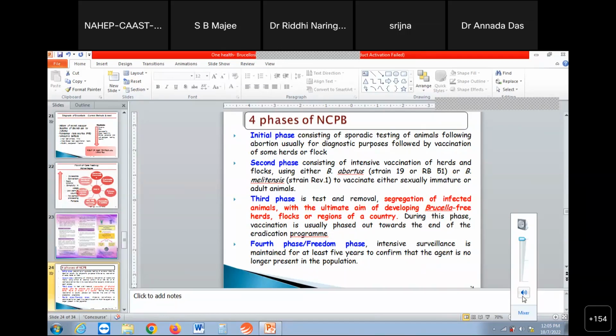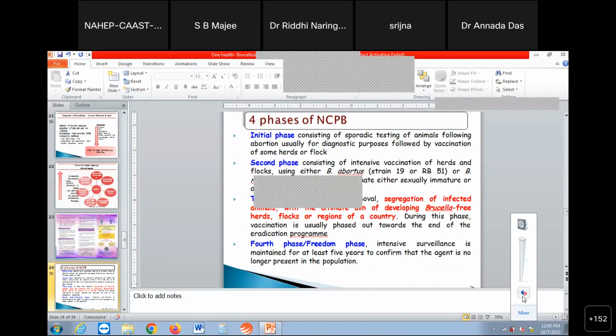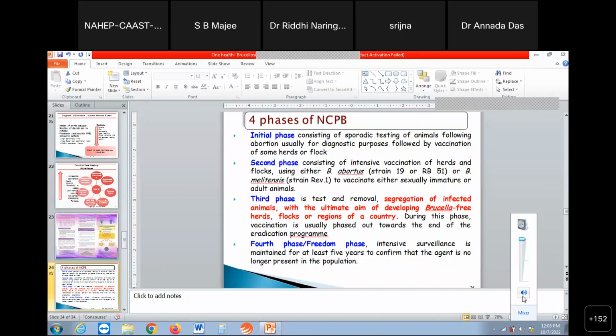Now, why I showed you the slide on POCT is that in the initial phase, when you have to test milk samples, because milk and saliva may contain the organism, the lateral flow is specially designed to detect the presence of brucella in the serum, in the milk and other fluids, that is urine, which are all non-invasive.